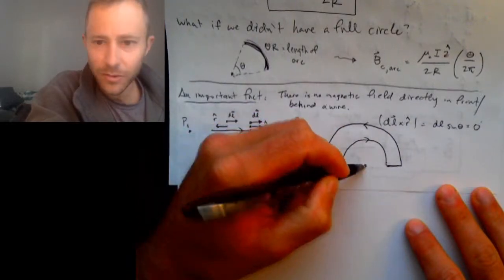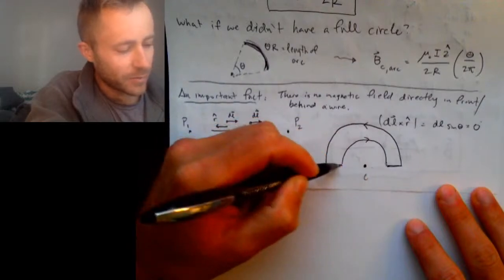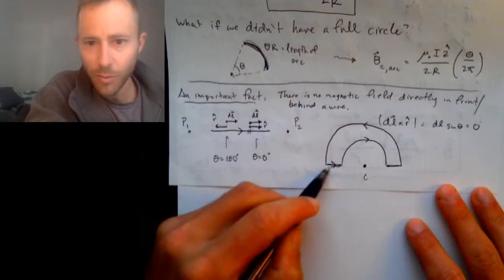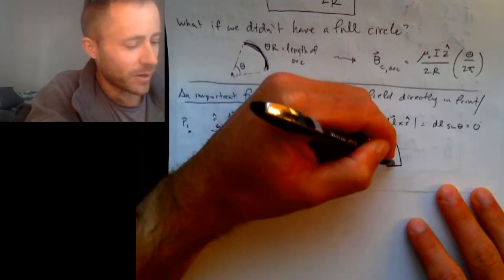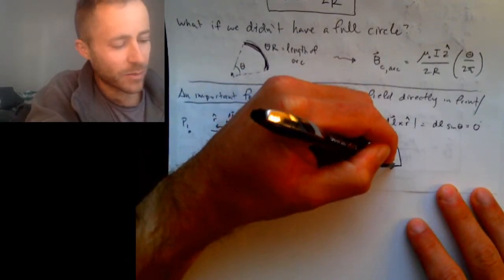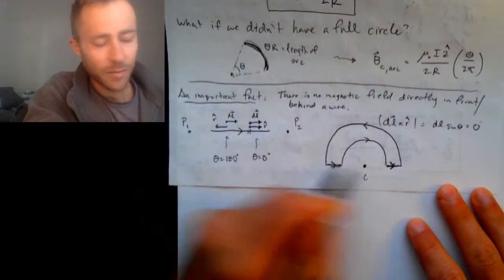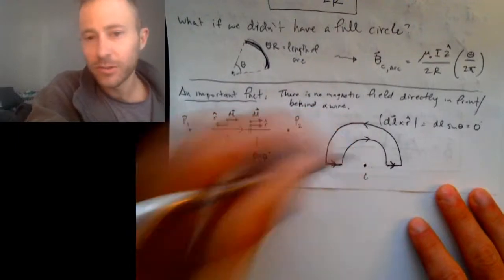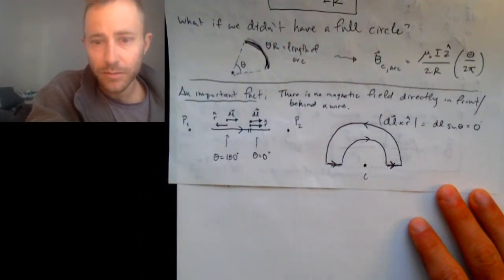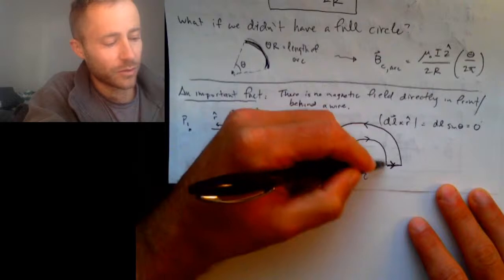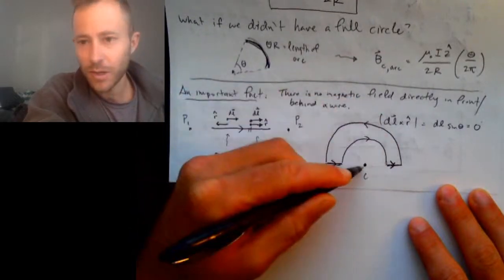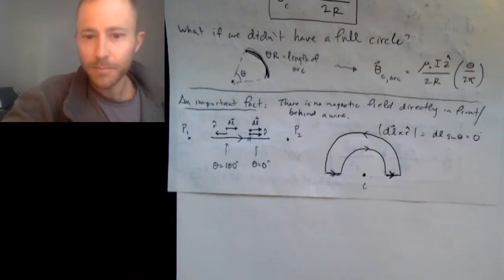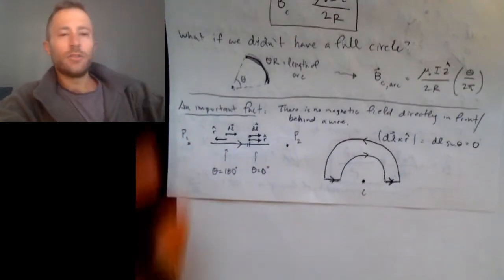See how the center of the circle is directly in front of this wire and directly behind that wire segment. So the straight segments of the wire don't create any magnetic field at the point C. It's only the circular arcs that create the magnetic field at the center. So you're going to need that for the quiz today.